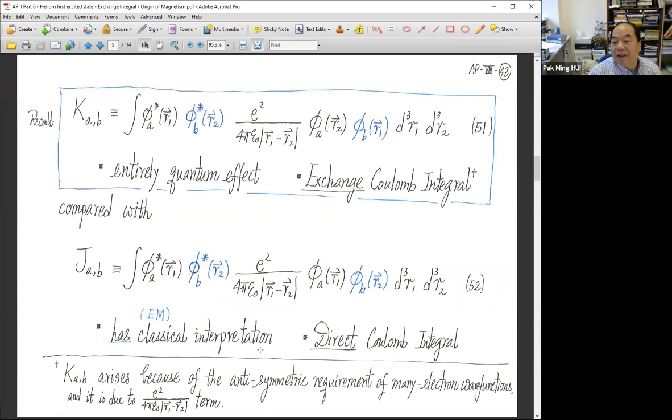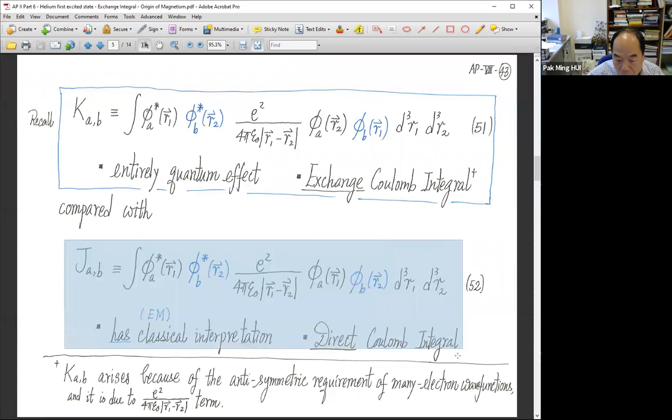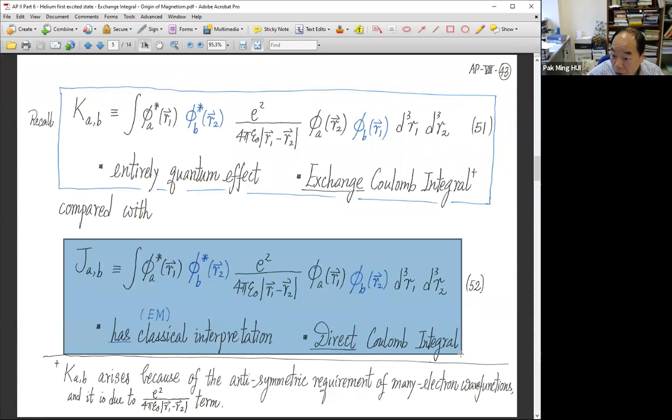So this is the exchange integral that I already introduced last week. I just write it out again here to remind you, you don't need to flip back to that page. That is to contrast with the direct Coulomb integral that has classical interpretation.